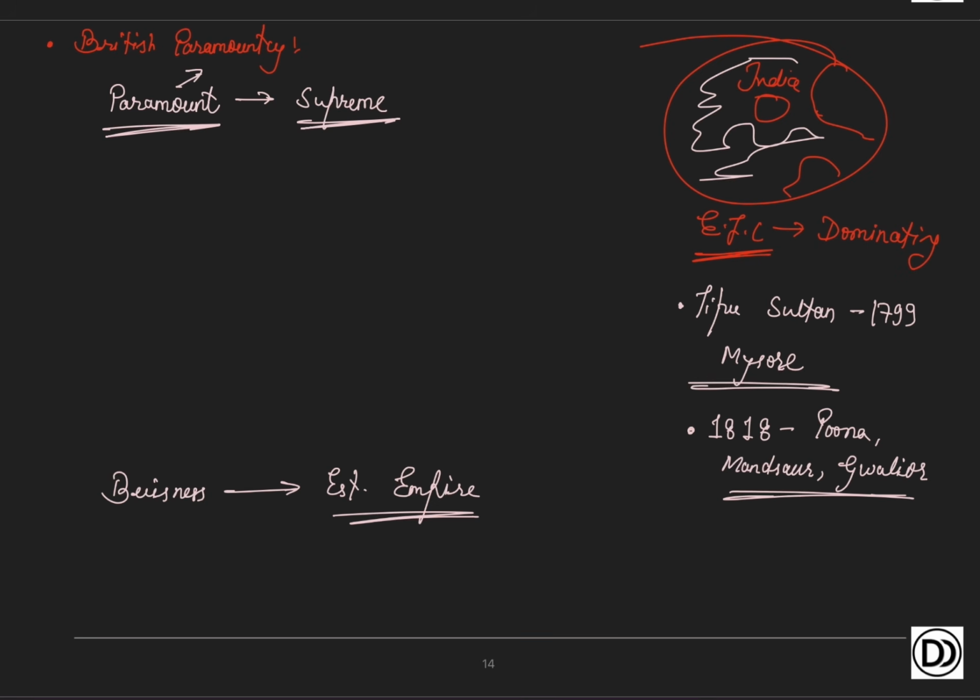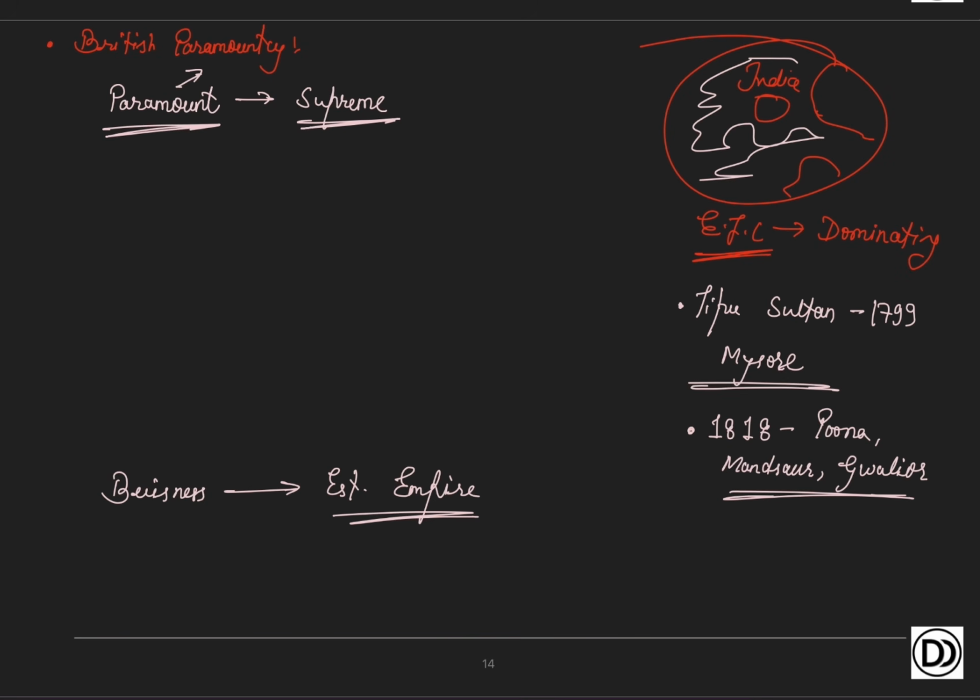This policy of British paramountcy is pursued by the British to take control of all of India and subdue each and every ruler inside India under British. They wanted every ruler, every kingdom to accept the suzerainty or the dominance of British power.